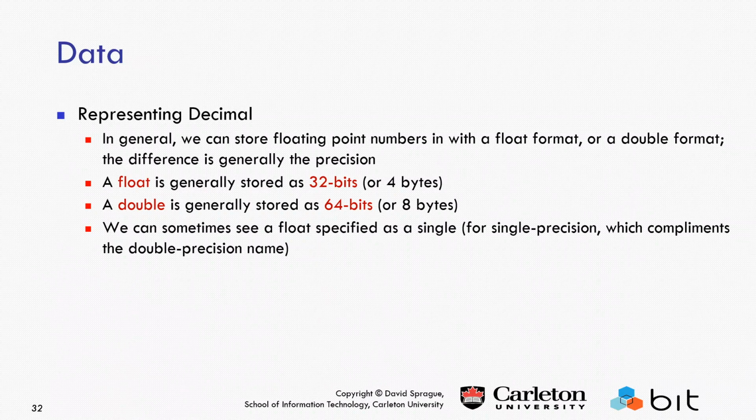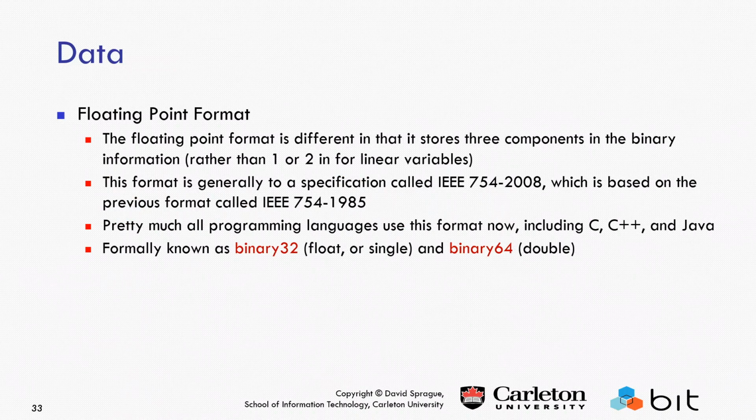Sometimes you can specify a float as a single, meaning single precision, and double for double precision, but most of the time we just say float and double. Doubles and floats follow a standard that is now used regularly. Look at the date on this, IEEE, 2008, when it was finally nailed down more appropriately. 1985 was the version beforehand.